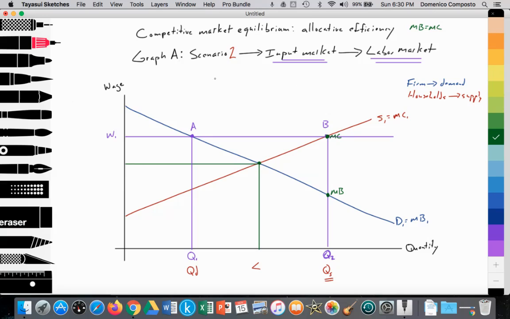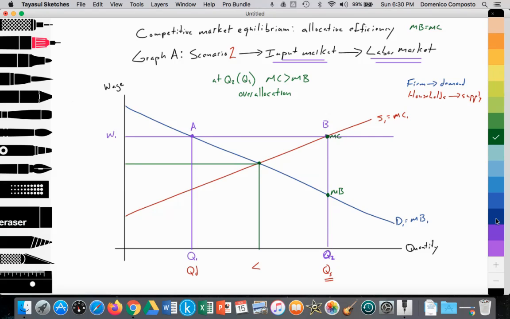So here we're seeing an overallocation. At Q2, which is the quantity being supplied, the marginal cost is greater than the marginal benefit. That's what we call an overallocation. Households are providing too much of their labor into the market.